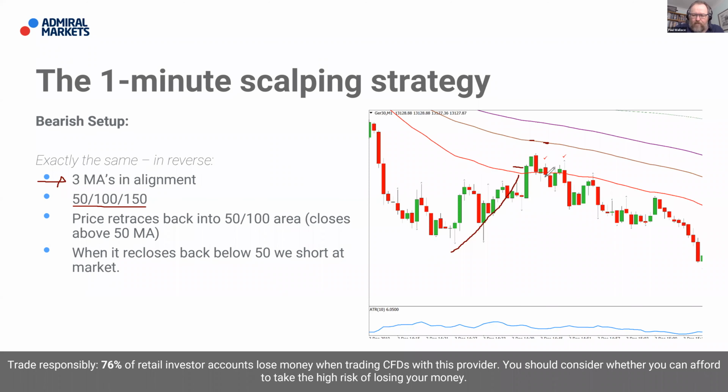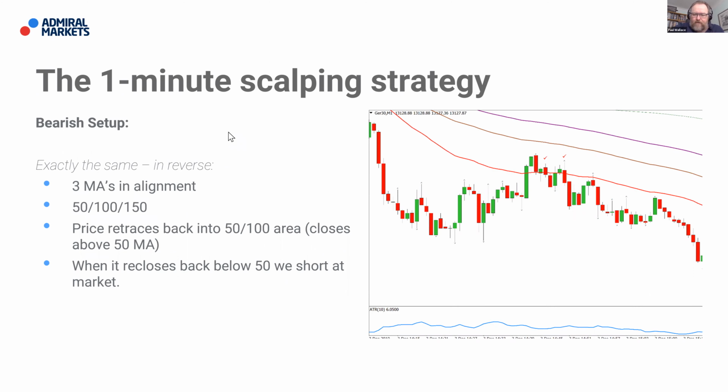When price recloses back below the 50, then we are short at the market, with the stop above the recent high. Then we have the trade on, and we have our trade management in place, knowing where we're out if we're wrong, and knowing when we can stick with the trade.